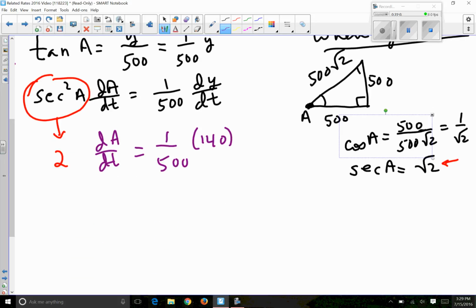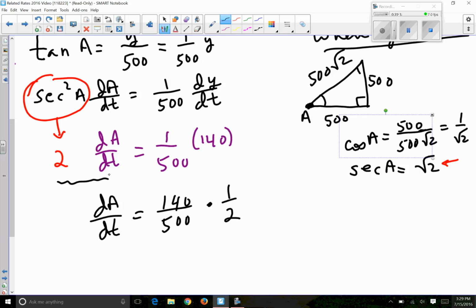And now we're going to just multiply both sides by 1/2 because we're solving for dA dt. dA dt equals the number over here, which is 140 over 500. We're multiplying by 1/2 because I multiplied this side by 1/2. This can be simplified right here to 7 over 50.